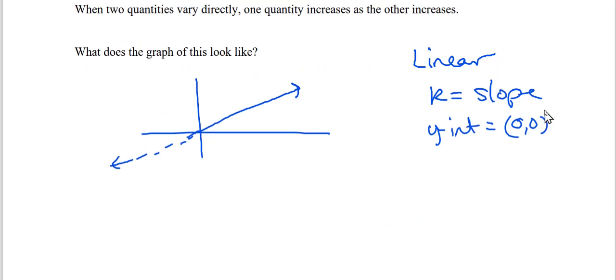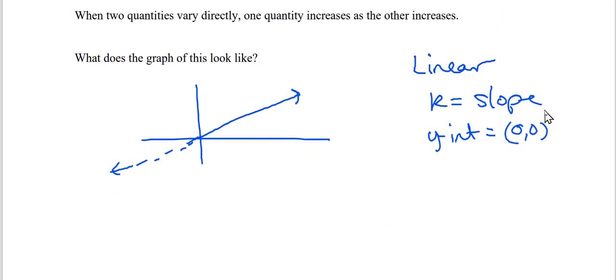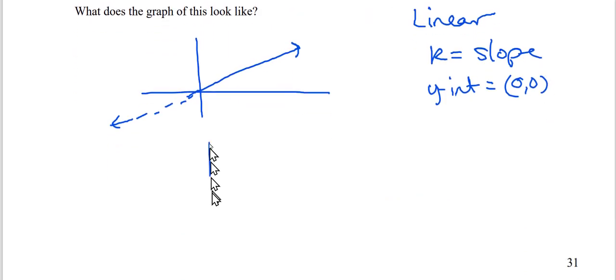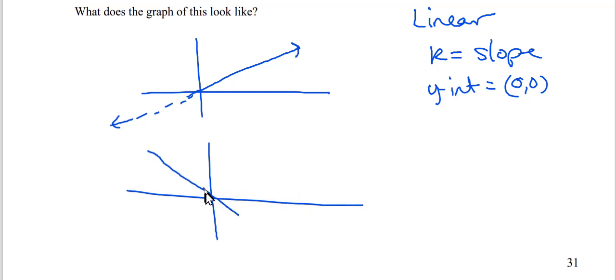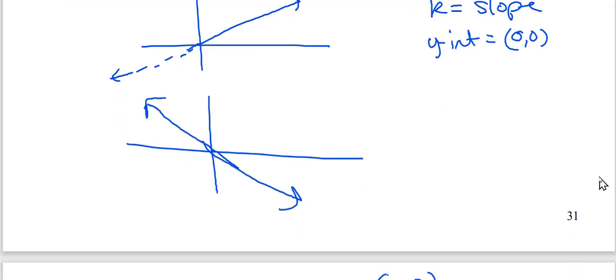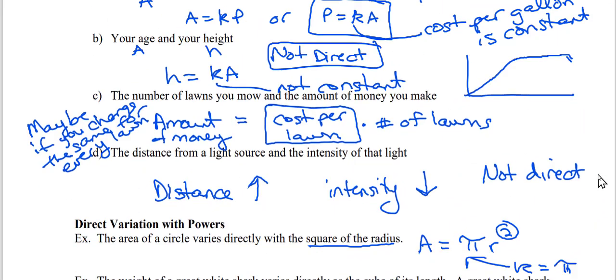But one thing that's important to remember is the k could be negative, so this line could go this way if the slope is negative. And that can happen. So as one variable increases, the other one could decrease. And so that is a possibility.